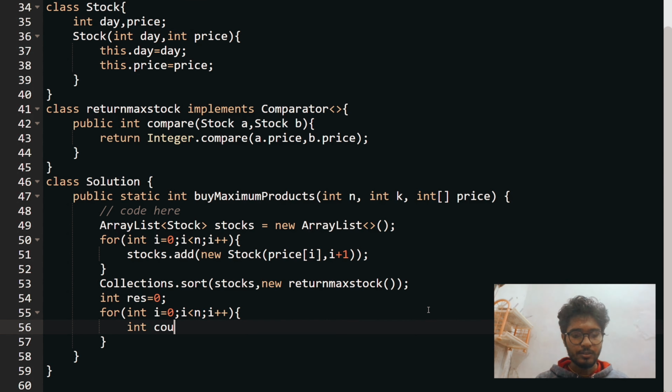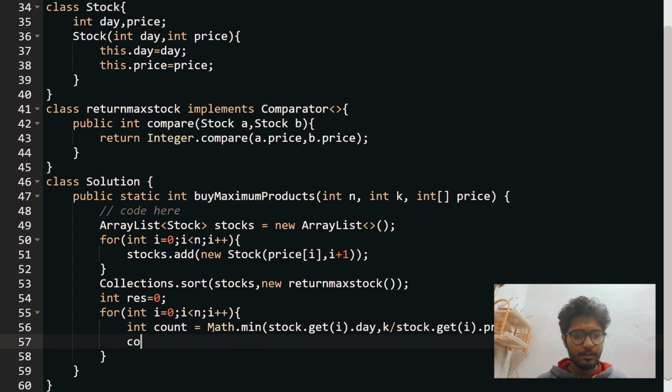Now according to our logic, we will check the minimum value between the maximum number of stocks on the ith day and the maximum number of stocks we can buy by our balance amount, that is k divided by stocks.get(i).price. So we got the number of stocks we will buy on the ith day.